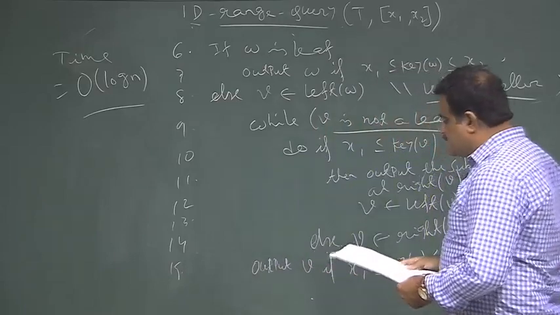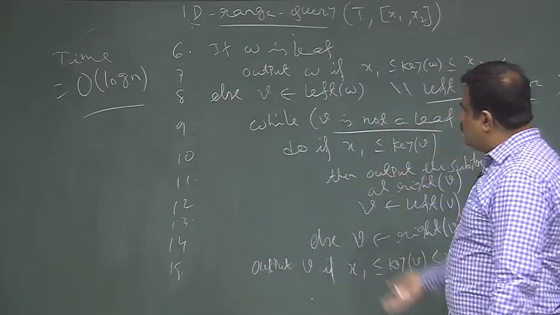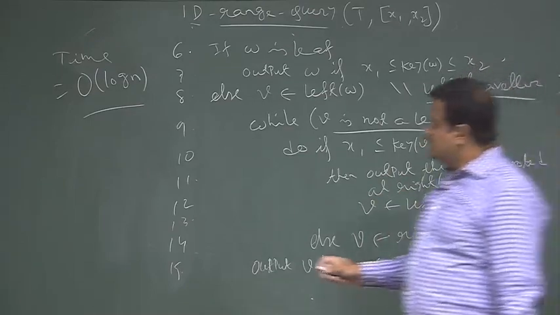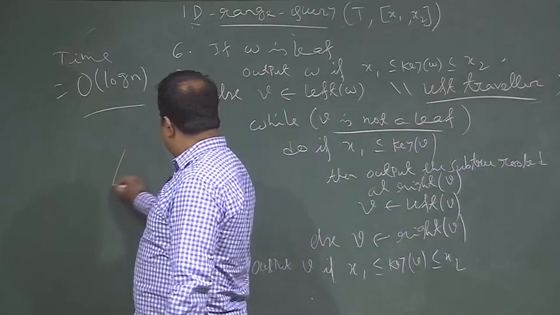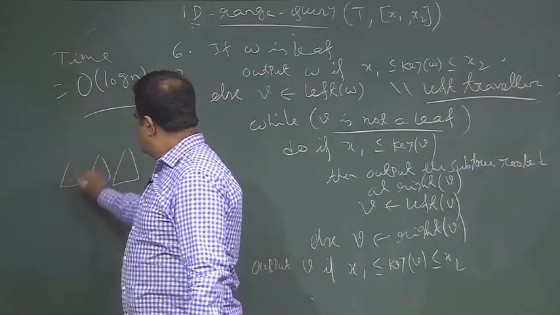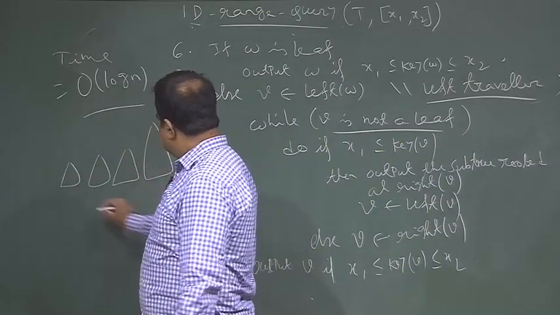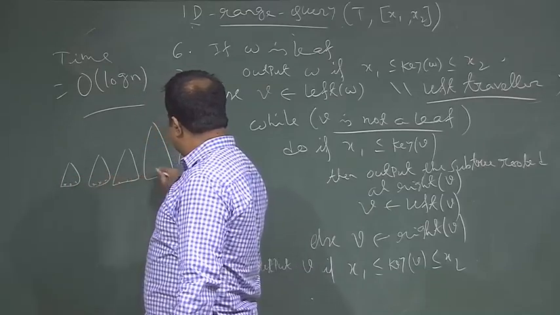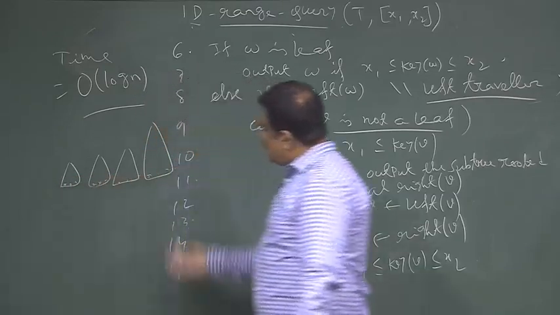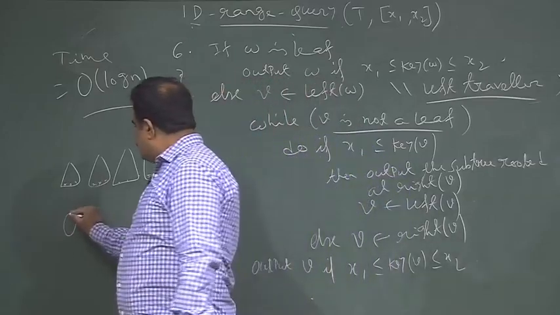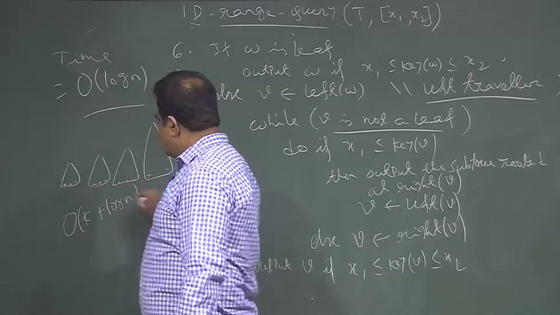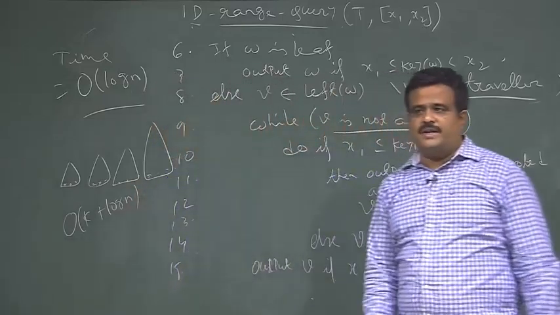Now, after getting the tree, we are getting these trees like this, and these leaves are the answer. Okay. So, to get these leaves, we need to spend order of k again. So, this is basically the time complexity for this query output.